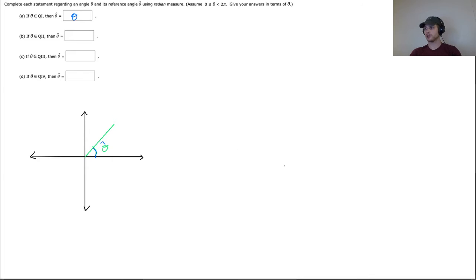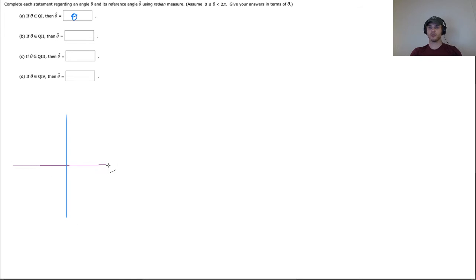I should have made another layer for this, so I'll just redraw this quickly. Okay, so there we go. We've got x, we've got y.